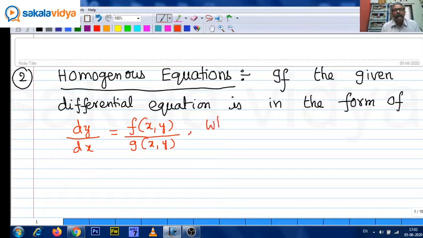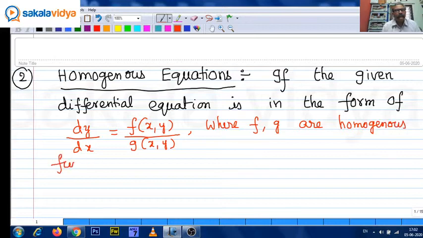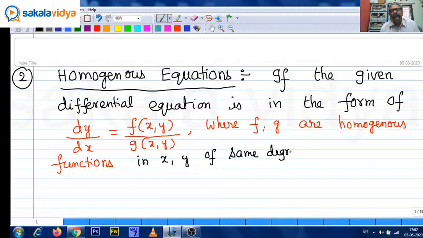Here f and g are homogeneous functions in x comma y of the same degree, or equal degrees, we can say that.